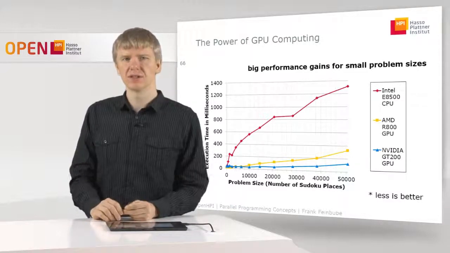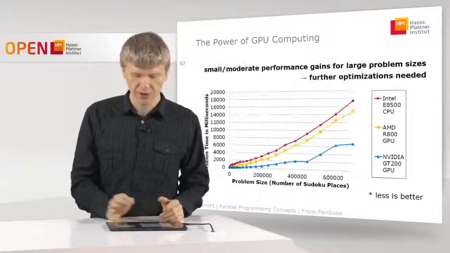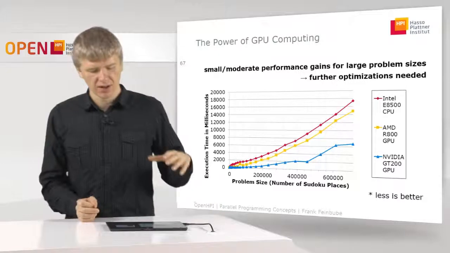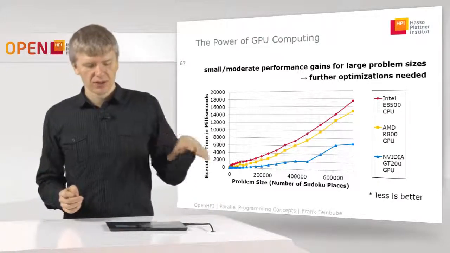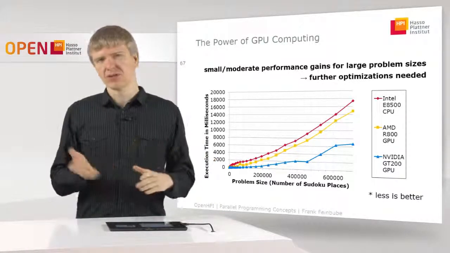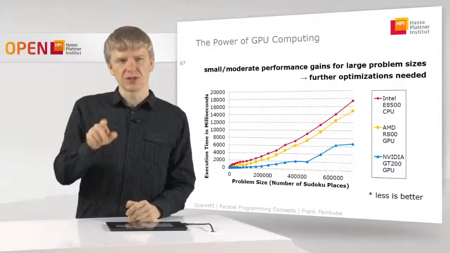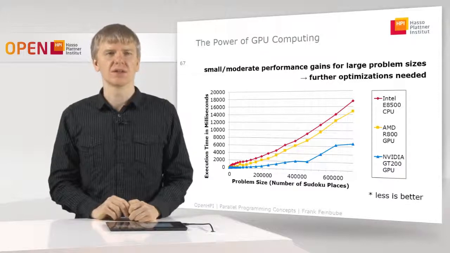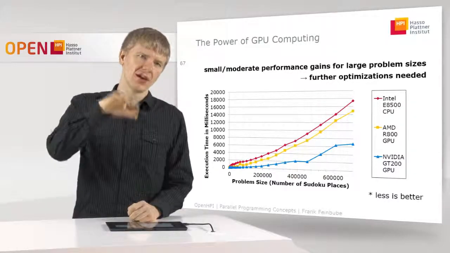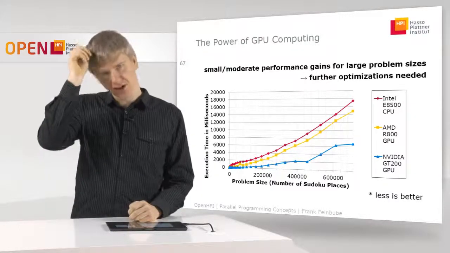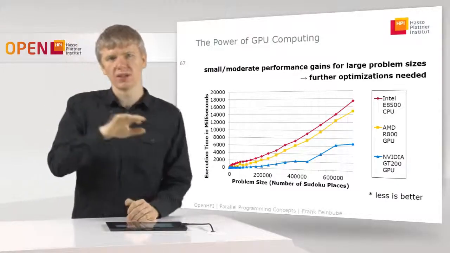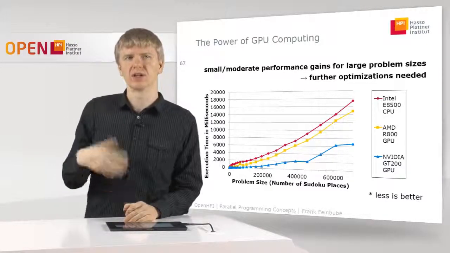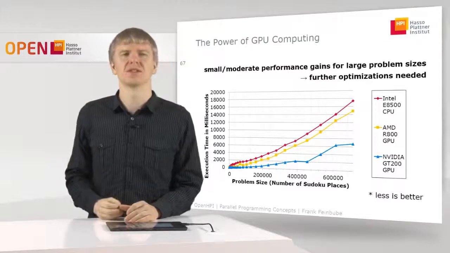But if we increase the size of the problems even further, we see that the GPU is almost as bad as the CPU. The AMD GPU almost has the same curve as a CPU, and the execution time gets really large. And with the NVIDIA GPU, we also get worse if we increase the problem size.